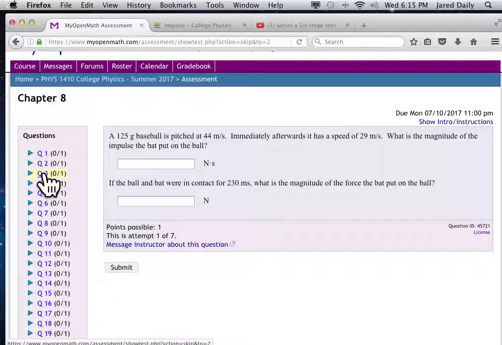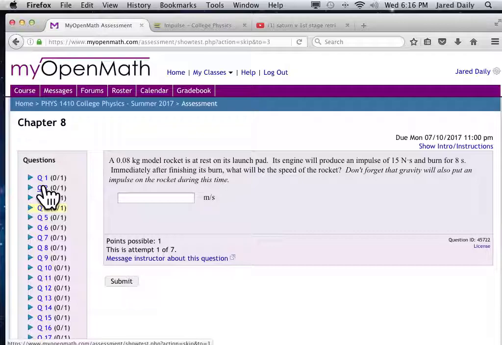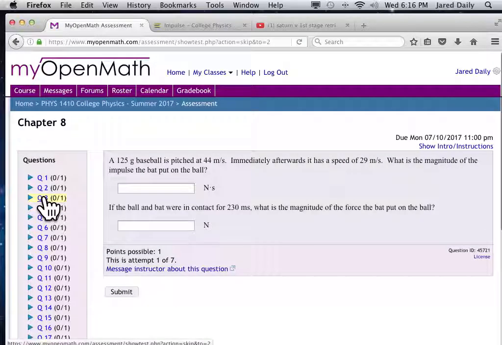That was probably where I threw it off. So it's going to be a much bigger change in momentum because it changes direction. No, it's still, I tried changing the answer to positive after I got it down to negative.